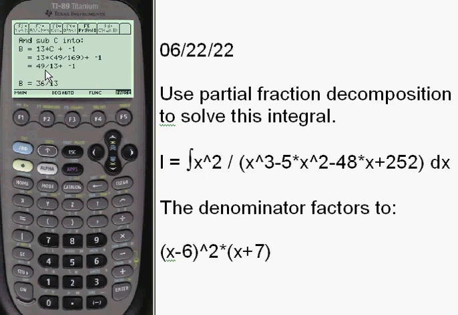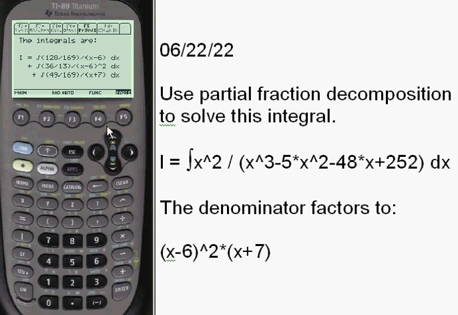And then we sub C into the B term, 13C plus minus 1, and we're going to get 36 over 13. So that's what A, B, and C equal. Here's the original partial fractions here. And then we're going to substitute A, B, and C, which we found here, 120 over 169, etc., into the partials.